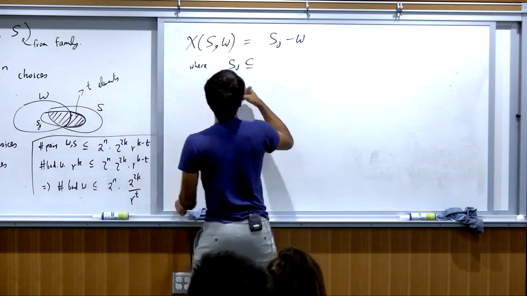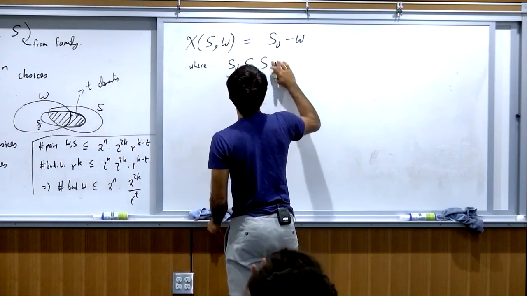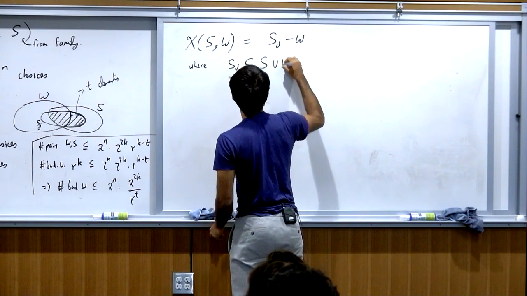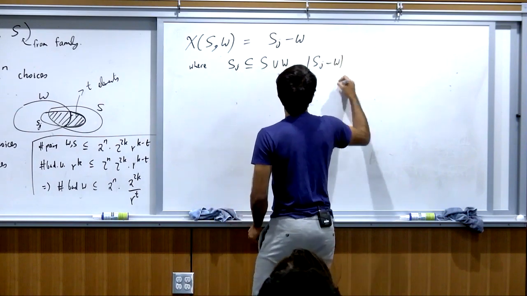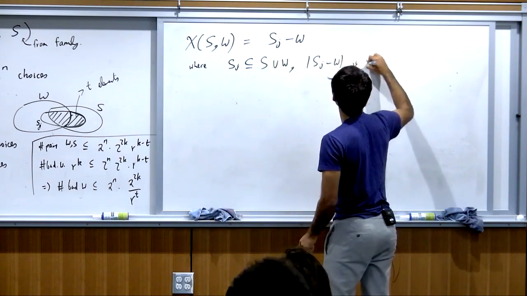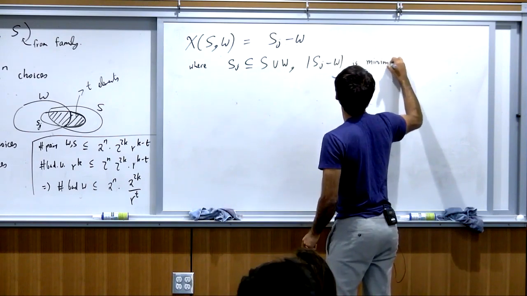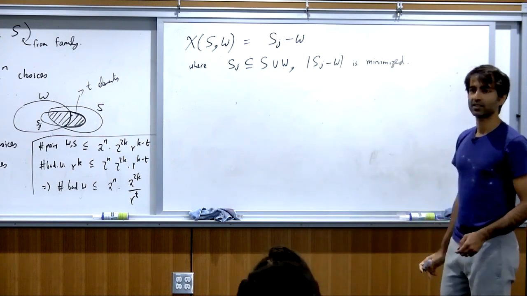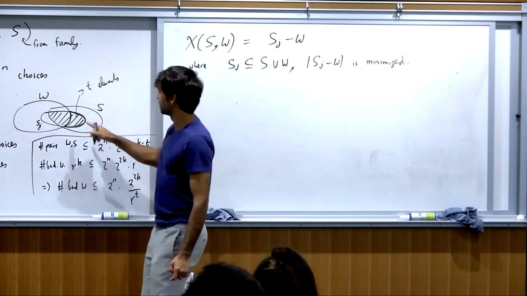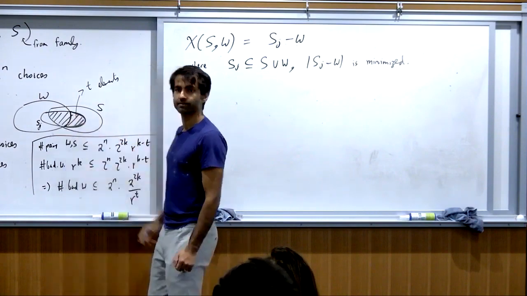So Sj is some set of the family chosen to satisfy that the size of Sj minus W is minimized. Okay, so it's really in this picture, it's this shaded set.